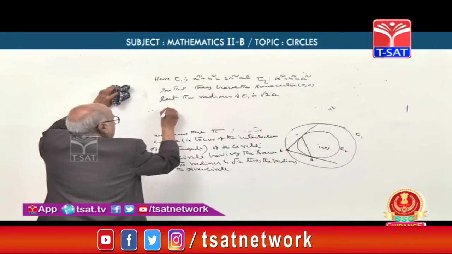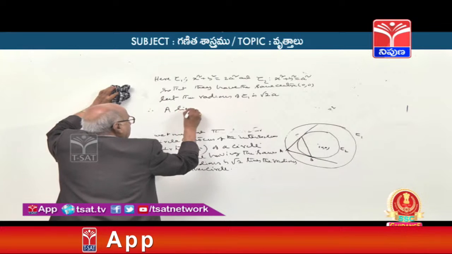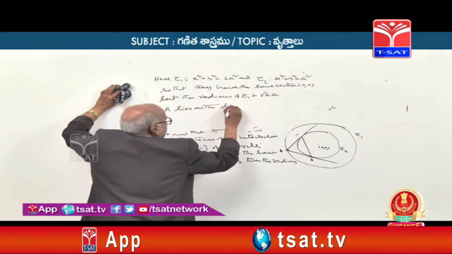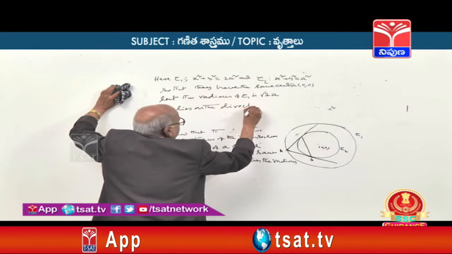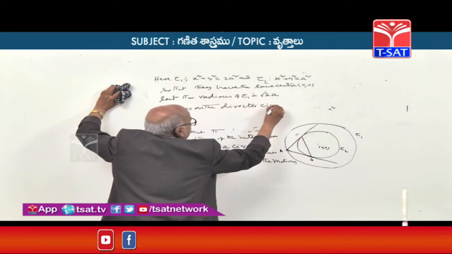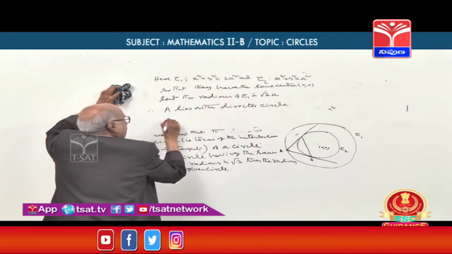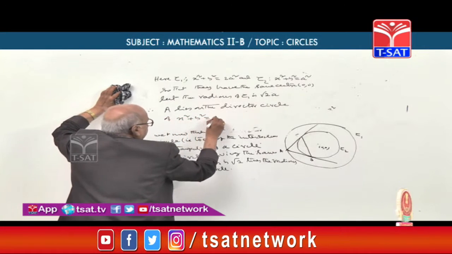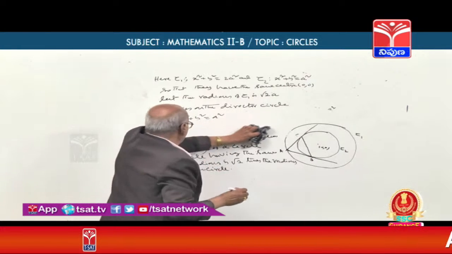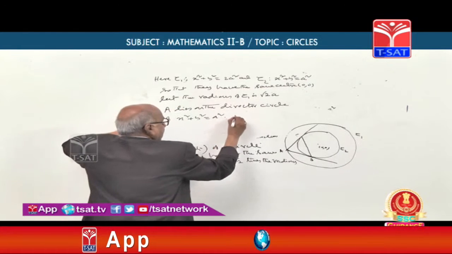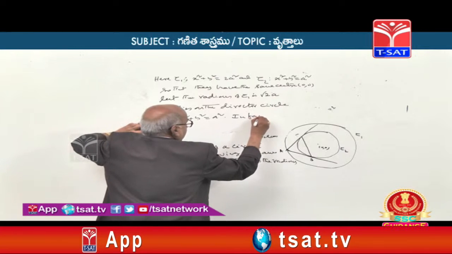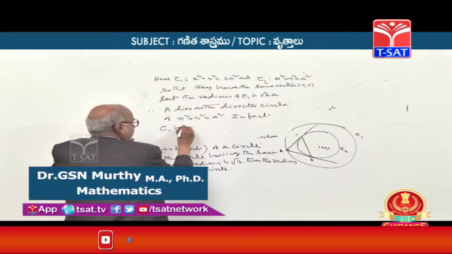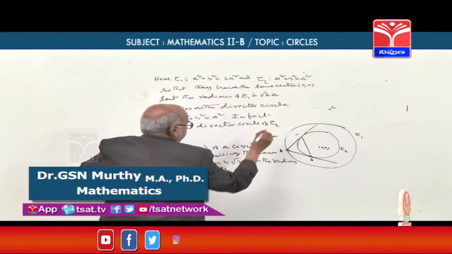So, therefore, A lies on the director circle of x square plus y square is equal to a square. In fact, C1 is the director circle of C2.